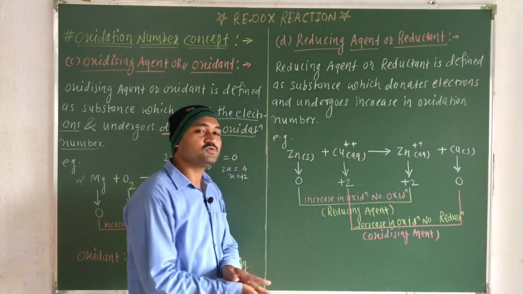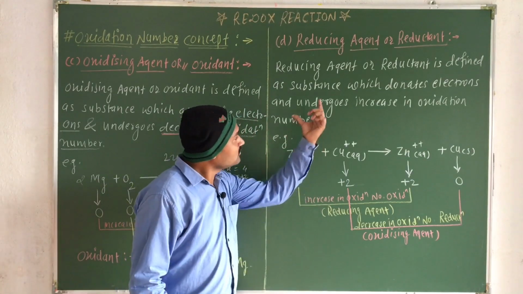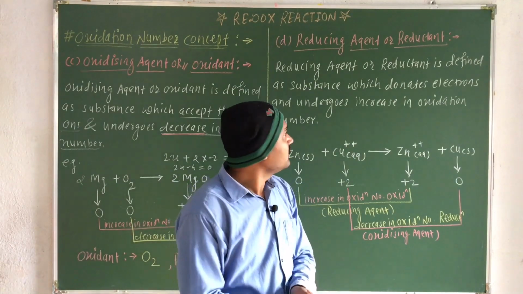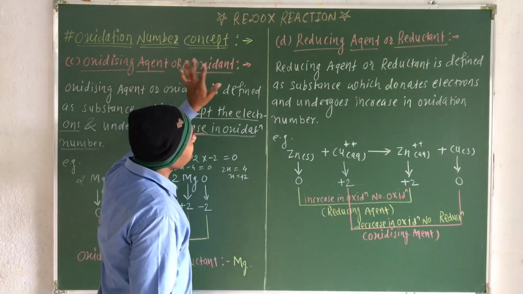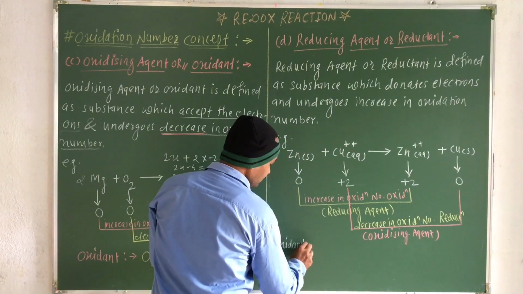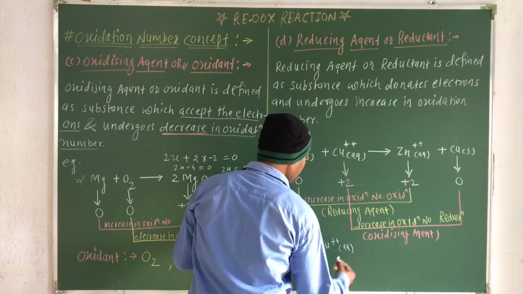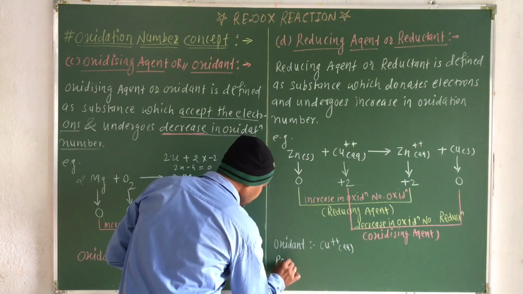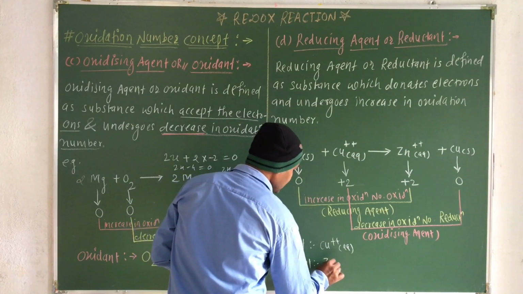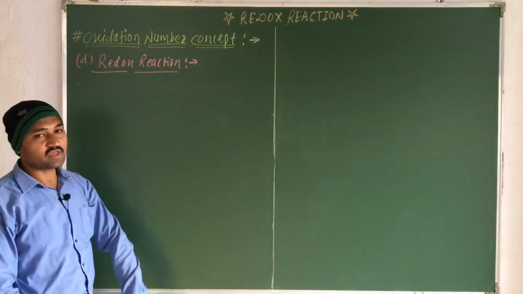So this is very simple. If you know only one definition, you can write down the 4 definitions very easily. So this is about your oxidizing agent and the reducing agent. So here the oxidant is copper +2, while your reductant is zinc in solid.